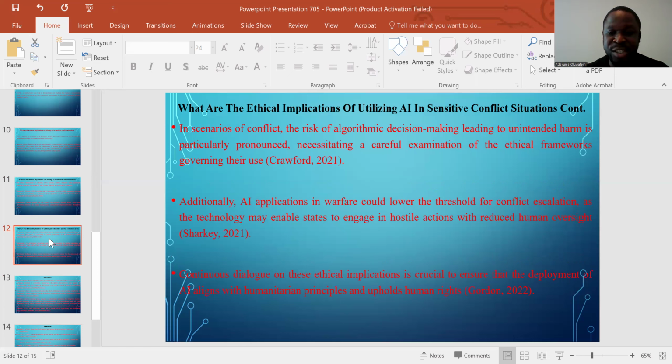Additionally, AI applications in warfare could lower the threshold for conflict escalation, as the technology may enable states to engage in hostile action with reduced human oversight. This is according to Shaki 2021. Continuing dialogue on these ethical implications is crucial to ensure that the deployment of AI aligns with humanitarian principles and upholds human rights, according to 2022.